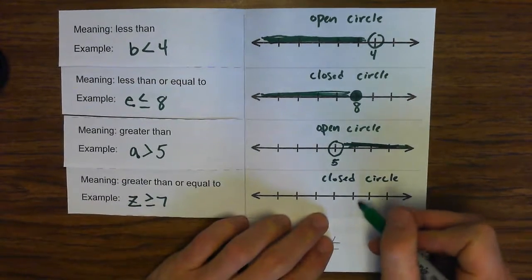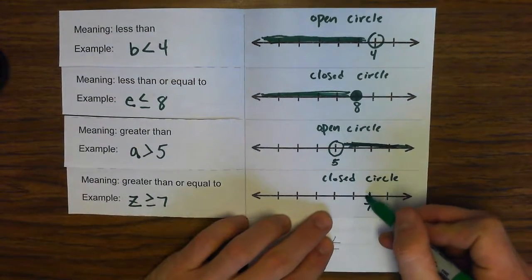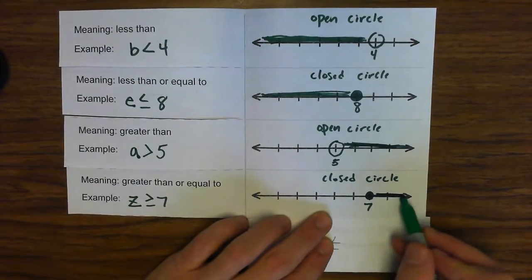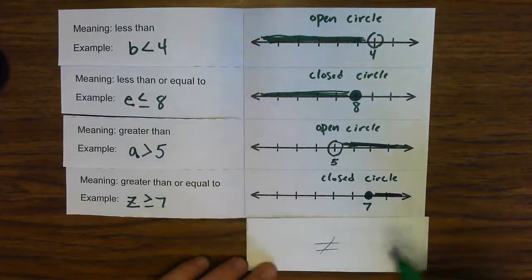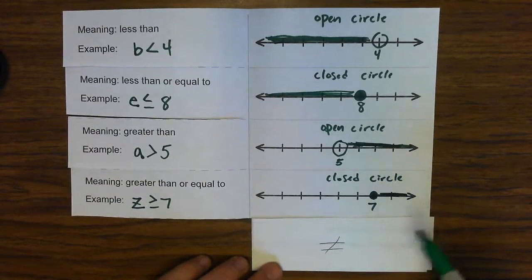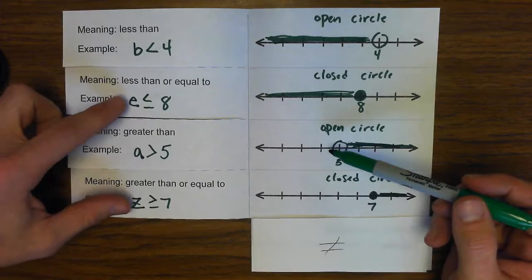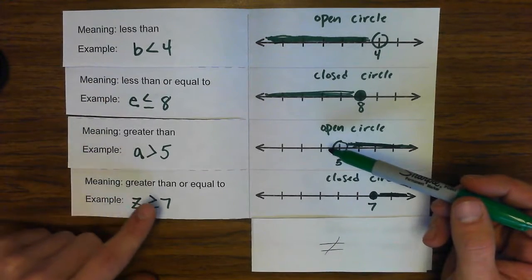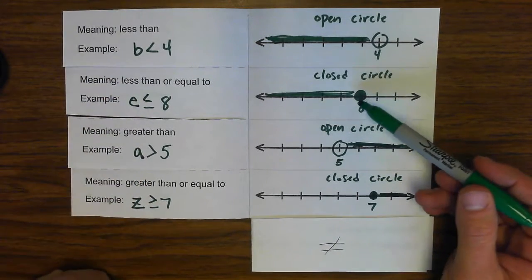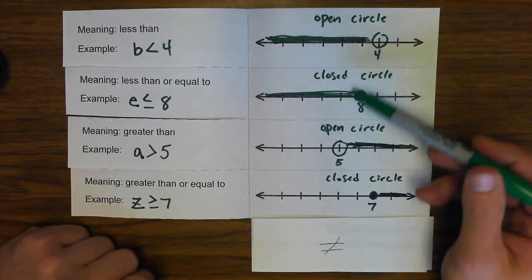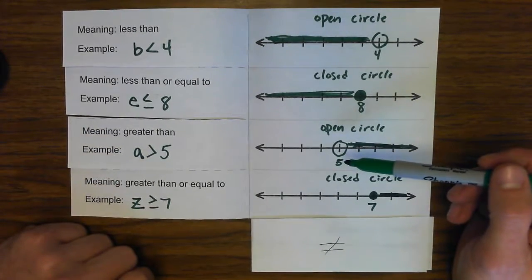So I'm going to plot 7 on the number line, closed circle, and it's going to be greater than or equal to 7. And that's what the graph looks like. You'll see a pattern here for the problems with equal signs under them, greater than or equal to, less than or equal to, closed circle. If there's no equal sign underneath, then you have an open circle, because your answers don't include those numbers.